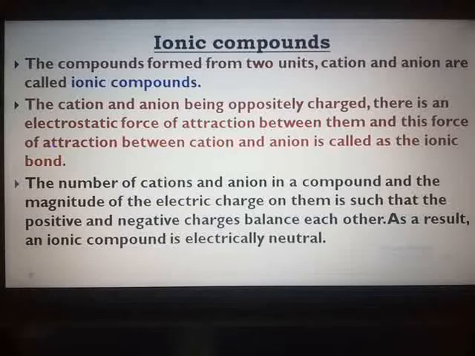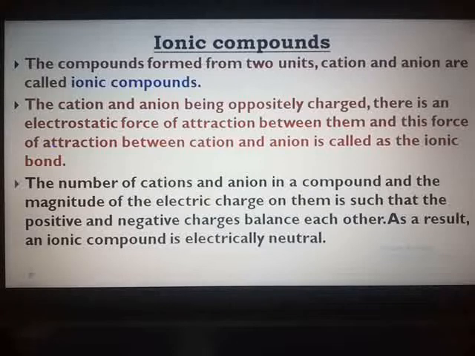If you are given plus 2 chocolates and then minus 2, plus 2 minus 2, no chocolates are left with you. Okay, so you are neutral. There are no chocolates in your hand. So similarly here, an ionic compound is neutral in nature.